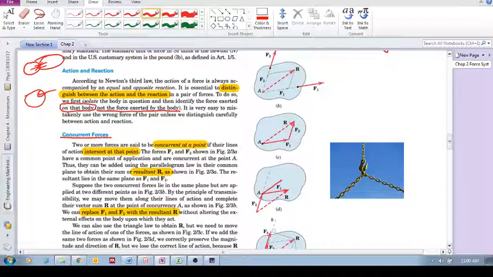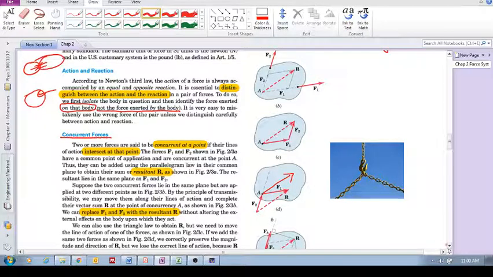The line of action should be there, but its line of action is there. So be careful when you are applying this. Don't put the head where the tail should be. Keep the tail where the tail should be, and then apply it in this way.